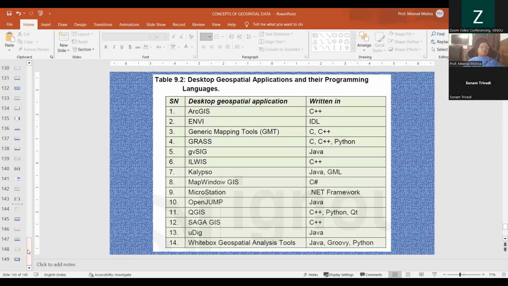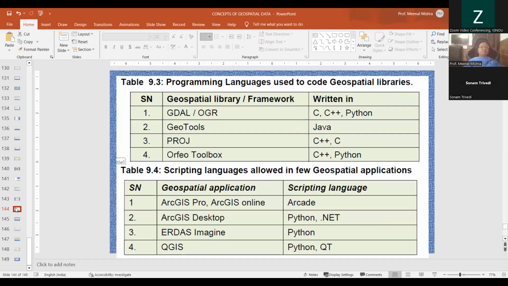So these are the various languages, and all these software are written in certain languages. That's why you need to have a basic understanding of the programming languages.